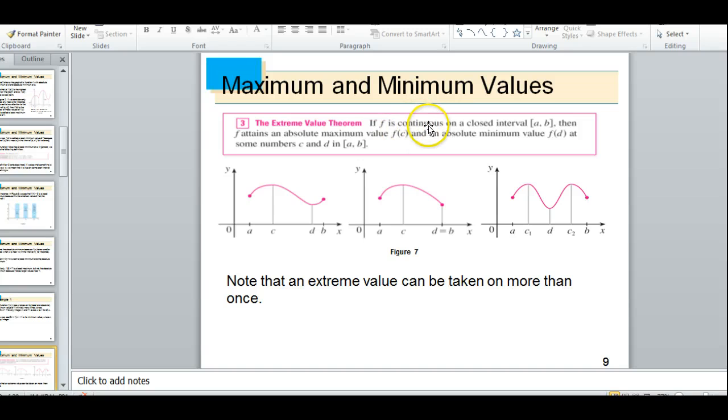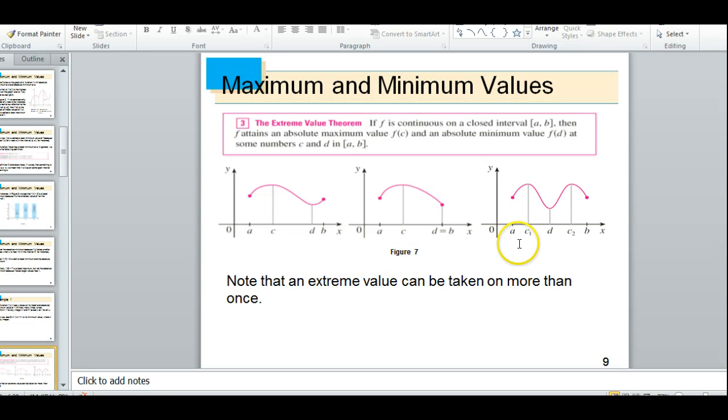So if f is continuous on a closed interval, then f has an absolute maximum value and an absolute minimum value at some numbers. Now we have no idea where these numbers are between a and b, and we haven't learned a way yet to find them. However, it is assuring you the existence of such points.